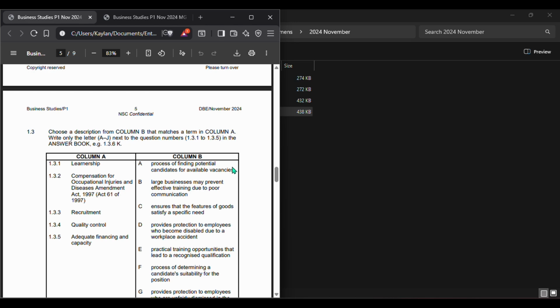Now, important thing to note: if the question appears 2 times or more, there's a significantly higher chance that it will appear in the next test or exam paper. Now, that being said, if it appears 1 time, that does not mean that it will not appear in the exam paper at all. It just means there's a significantly lower chance of that appearing in the next test paper that you'll be doing.